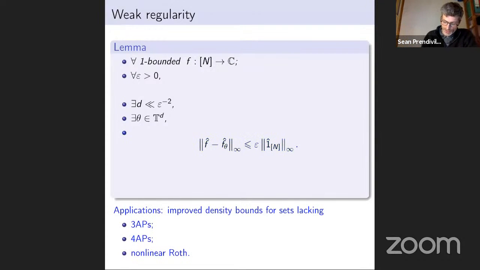Nevertheless, this weak regularity lemma is very useful, and you can use it to improve Roth's bound on the density of sets lacking three-term progressions. If you do some higher order Fourier analysis, this technique can bound the density of sets lacking four-term progressions. You can attack the nonlinear Roth configuration in the integers with these ideas.